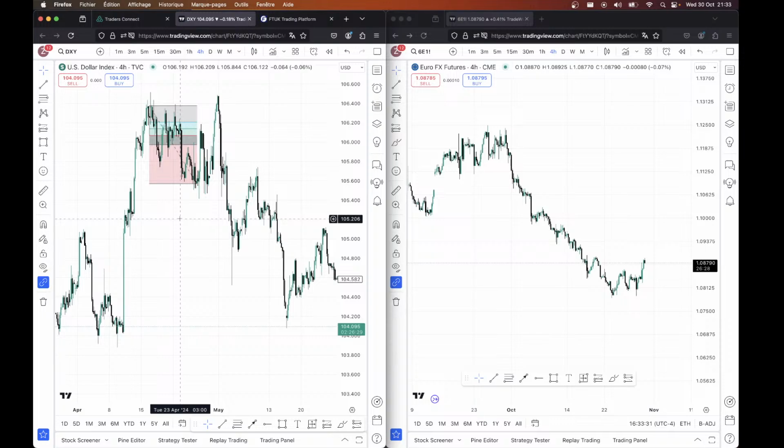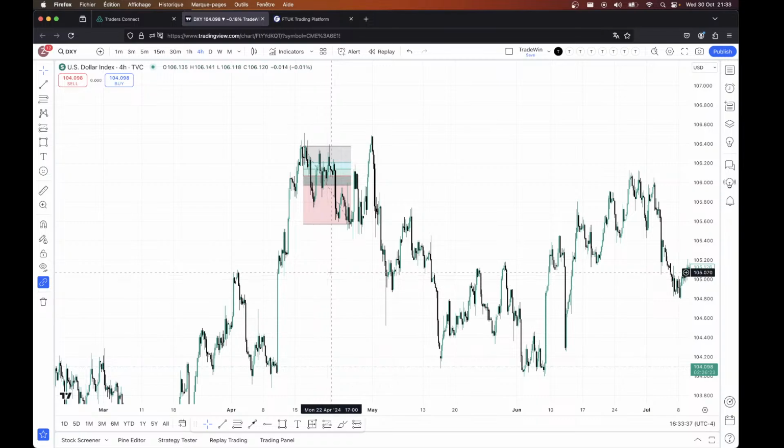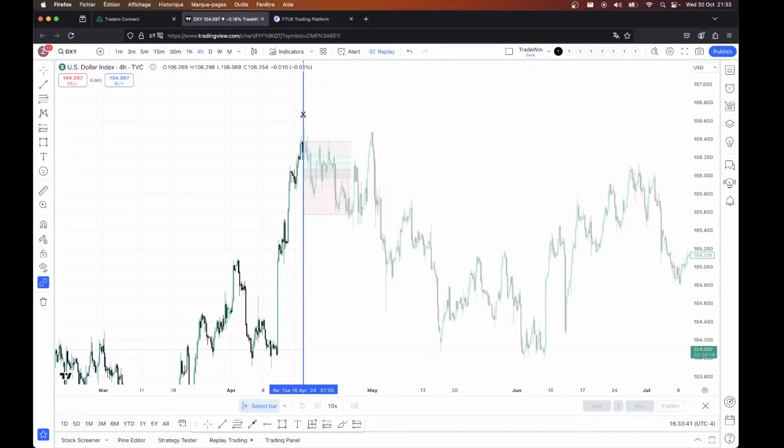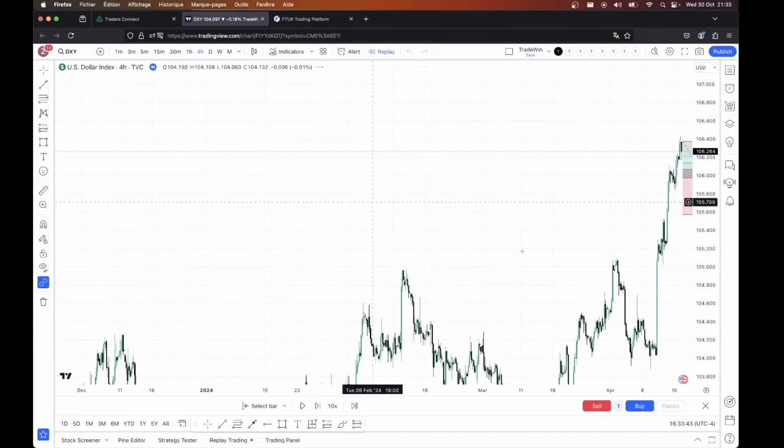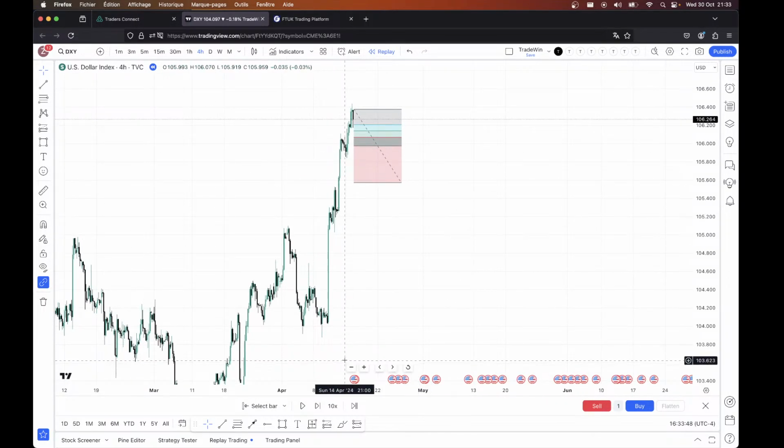Let's do that again, because I really want to be extremely precise when I am explaining that. I'm going to replay. So I'm replaying here US dollar from, what's this date? April 16th, 2024. So let's go.